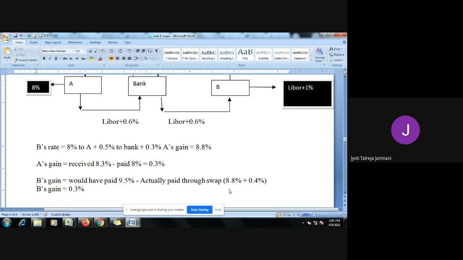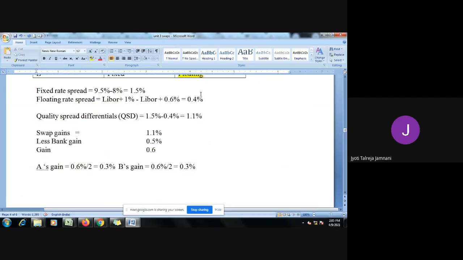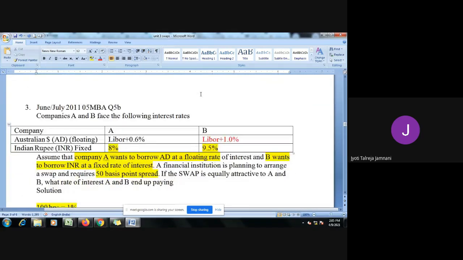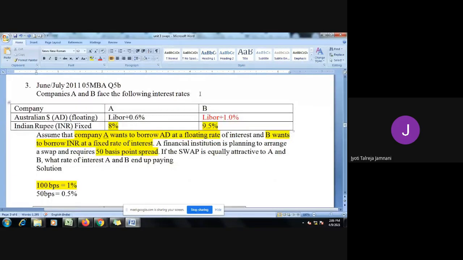Is the problem clear? Any doubts, anybody? Is it clear for everyone? Yes, ma'am. This was the third sum, I think. The first sum we took a lot of time, but now if you're observing, the steps are the same.